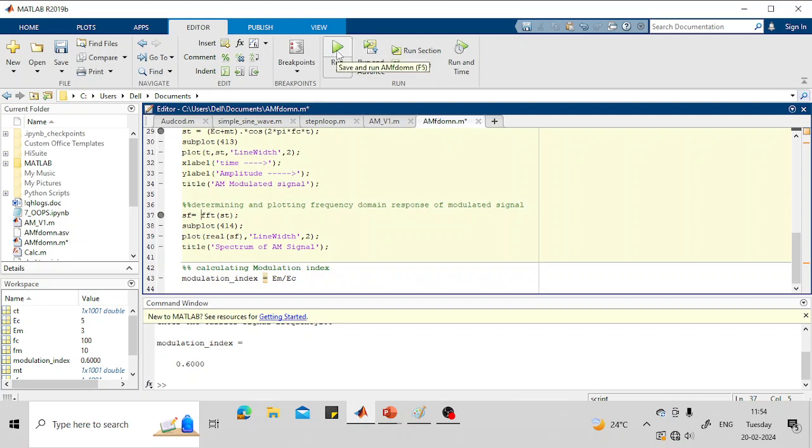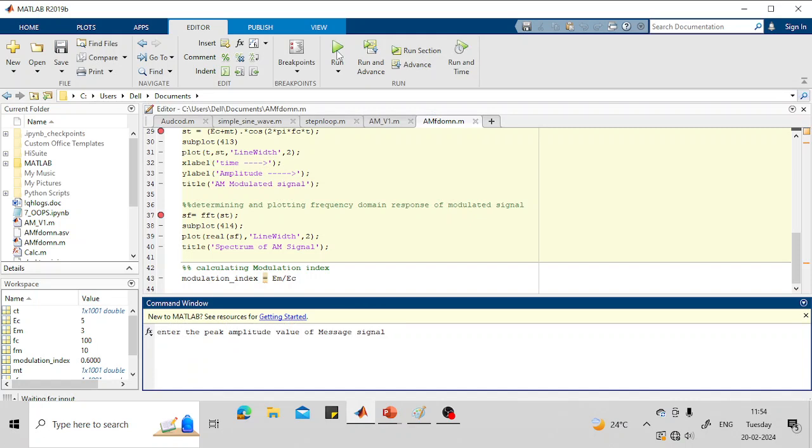Let us observe what is appearing in the command window. It's asking to enter the amplitude of the message signal. Enter the peak amplitude of the message signal, which means it is asking for EM, the message amplitude. So I would like to take 3. Next, enter the message signal frequency.